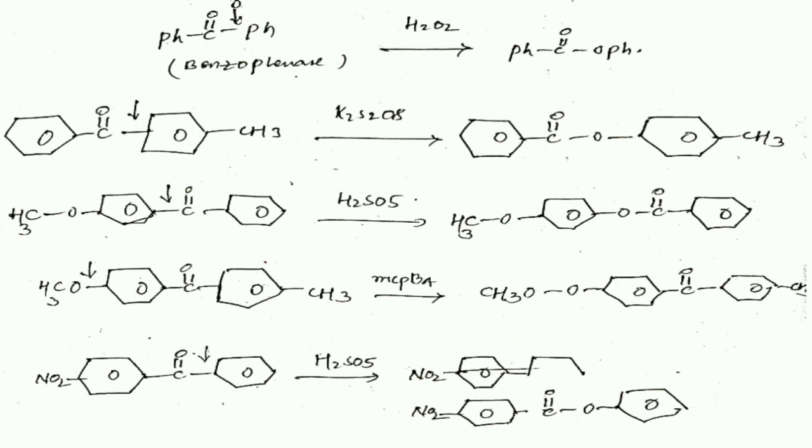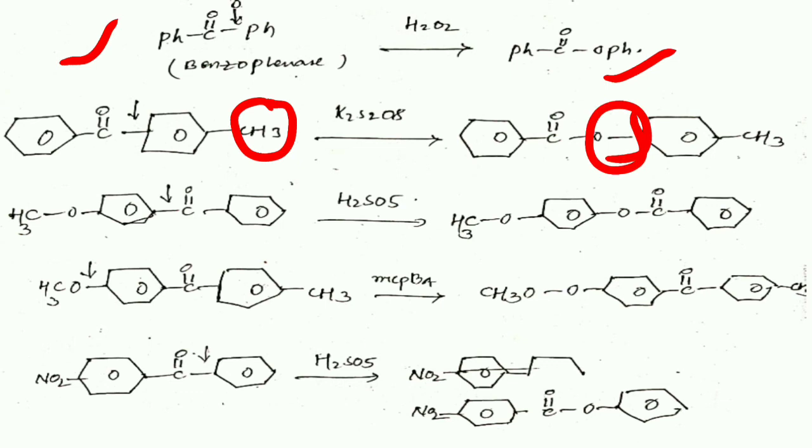First, benzophenone on Baeyer Villiger reaction with the peracid gives this type of product. In this case, CH3 is an electron donating group as the substituent, and that's why the ester oxygen is added to this position.